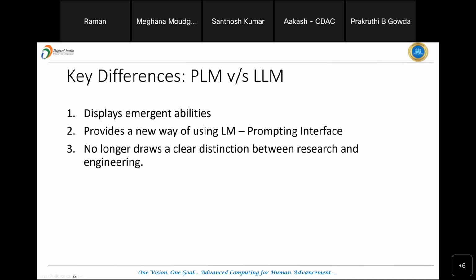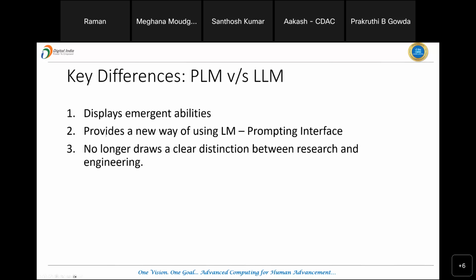One is that a large language model displays emergent abilities. These are abilities that a large language model wasn't particularly trained for. Rather, when people started evaluating these large language models, they realized that somehow these models were capable of some things, like the ability to follow instructions or the ability to do reasoning.